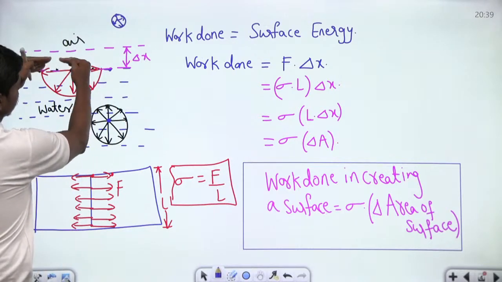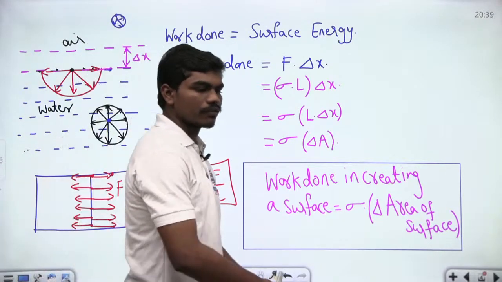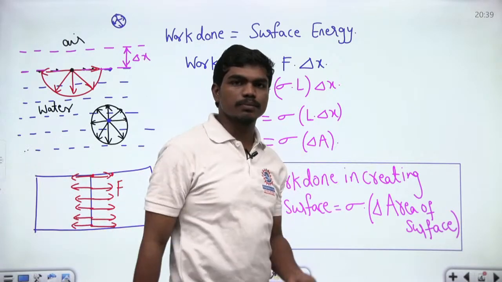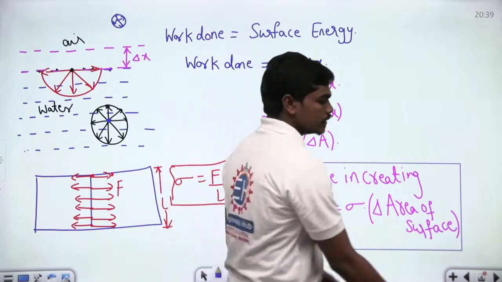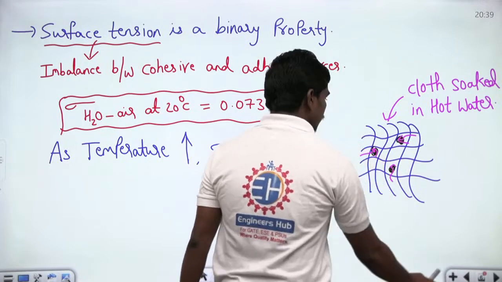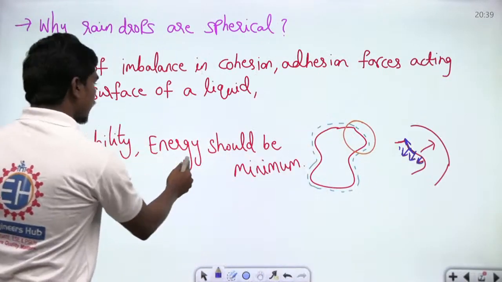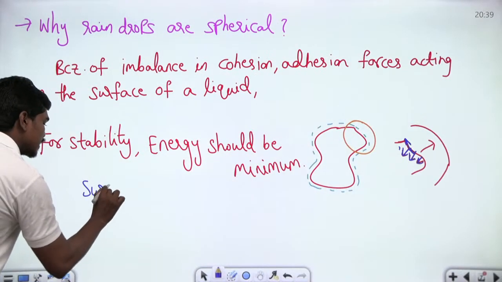We can see this stretching of the surface, which is very minute in the case of very large layers, but in droplets you can see it clearly. Now the energy should be minimum, and you know surface energy is nothing but work done.